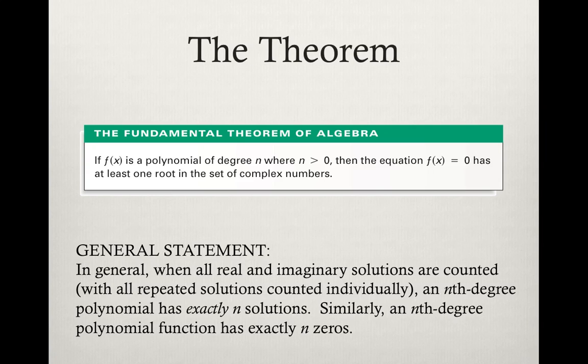Another way of saying that is an nth degree polynomial function has exactly n zeros. So again, we know from previous lessons that solutions and zeros are related to each other. And so what we're allowed to come away with from this theorem is the fact that if we have an nth degree polynomial, we will have exactly n solutions or exactly n zeros.